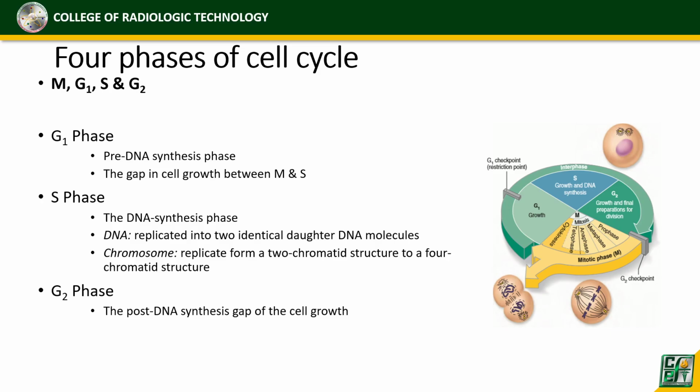Sabi nga sa image, final preparation for division. So the cell is mature enough to have cell division. Siyempre, kung ang isang cell ay immature or still growing, it is not capable of division.